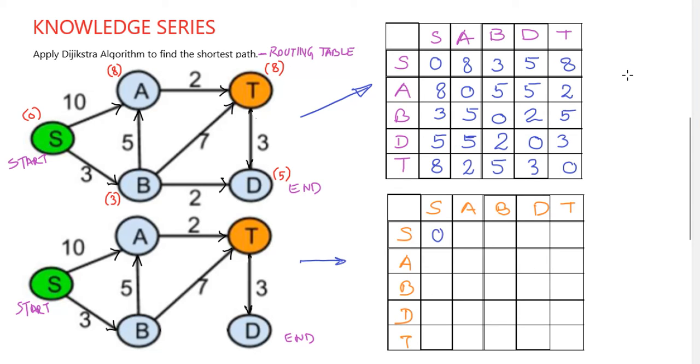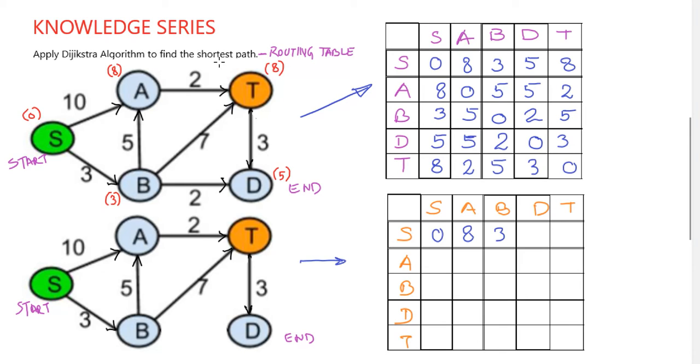S to A. When we try to see S to A, how it is going here and also through this path, you can see the 8 and 10. So automatically the smallest one is selected. Then S to B is 3. Now if you see across D, S to D, you can go like this, like this, like this.